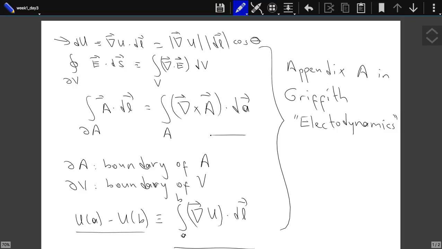If your function doesn't curve around your loop, but mainly, let's say, goes straight in one dimension, then this a.dl will be positive in certain regions and negative in certain other regions. So this integral will be either very small or 0. So in that sense, the curl of a function measures how much your vector field curves around the point. One example would be the magnetic fields, if you remember.